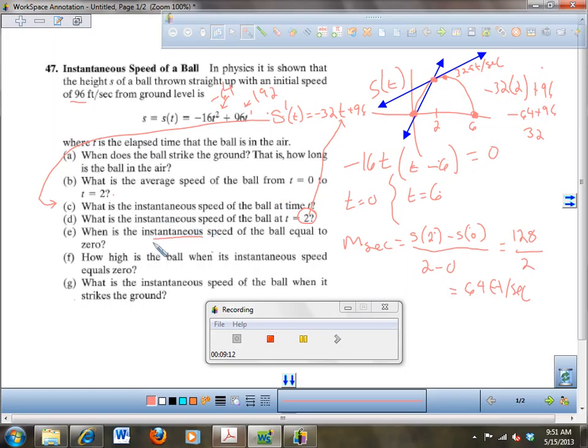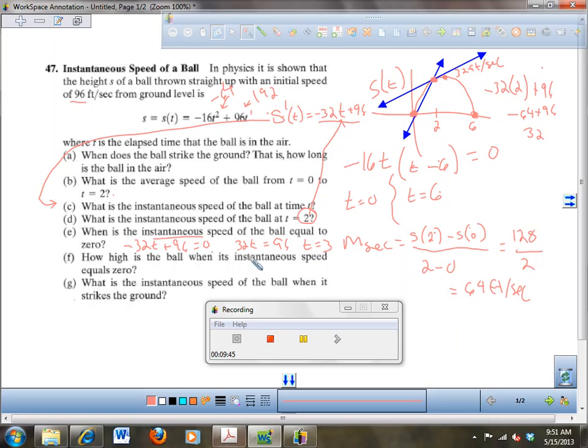So algebraically, you just set the derivative equal to 0. Negative 32t plus 96 equals 0. If you solve that, you get 32t equals 96, so t equals 3. So that's how you do this one.